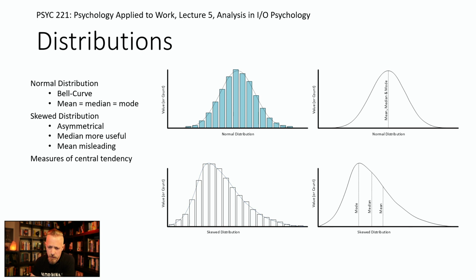So what are these mean, mode, and median? The mean is just the average. The mean is probably the most used of all the central tendencies, and it's the easiest to intuit when you're talking about averages, like the average height of women in Norway, and it's a curve.